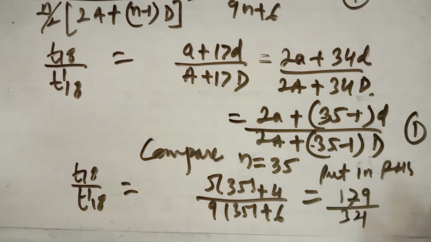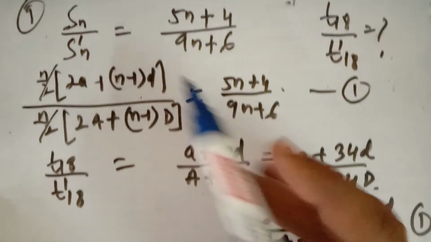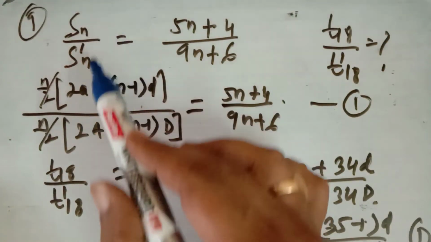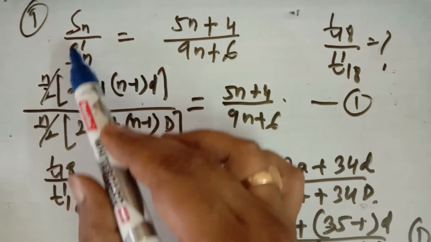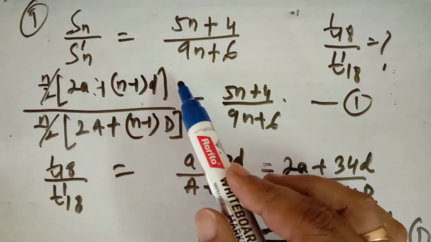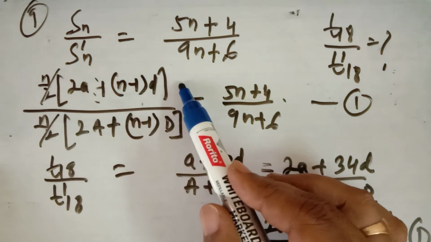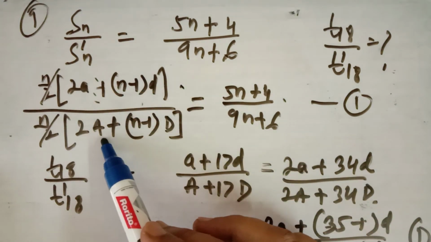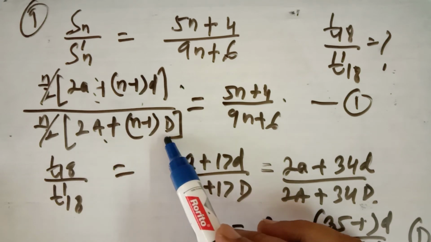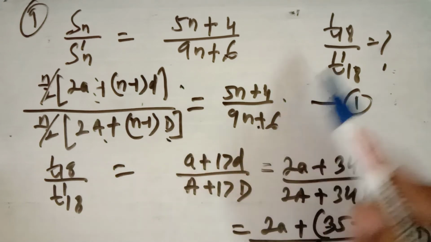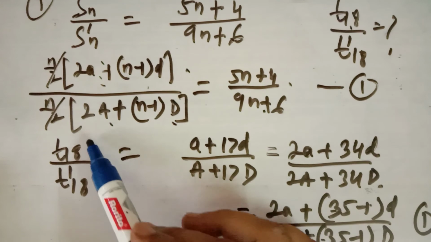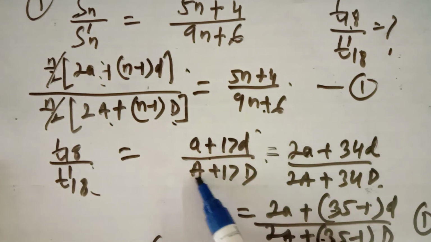So this is a totally different question in which the ratio between the sums of the first n terms of two different APs is given. I've let the first term of the first AP be a and common difference d, and for the second AP the first term be capital A and common difference capital D. You have to find the ratio between the 18th terms. So the 18th terms will be a plus 17d, A plus 17D.